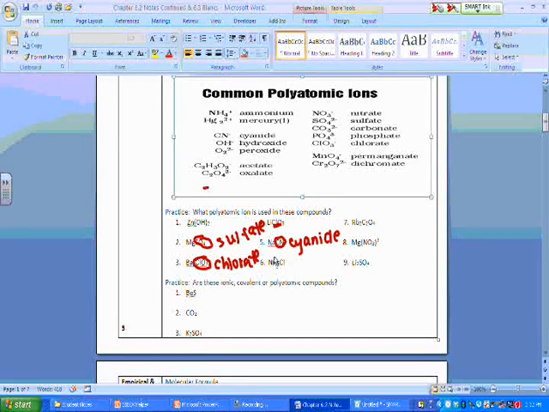Number 6, it's at the beginning because it's a positive polyatomic ion, which is ammonium. Number 7, you actually have oxalate. And let's see, the parentheses around this one, so that makes that one a little bit easier.